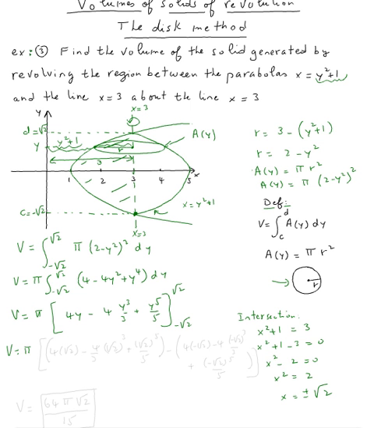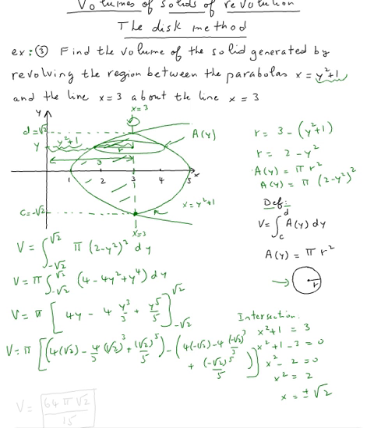So the volume is equal to pi times, plugging in square root of 2, 4 times square root of 2 minus 4 over 3 times square root of 2 cubed plus square root of 2 to the 5th over 5, and then all this minus, plugging in negative square root of 2, 4 times negative square root of 2 minus 4 over 3 times negative square root of 2 cubed plus negative square root of 2 to the 5th over 5.